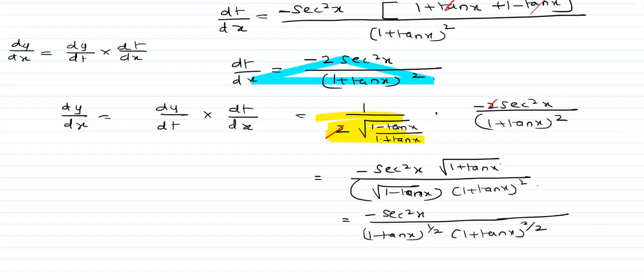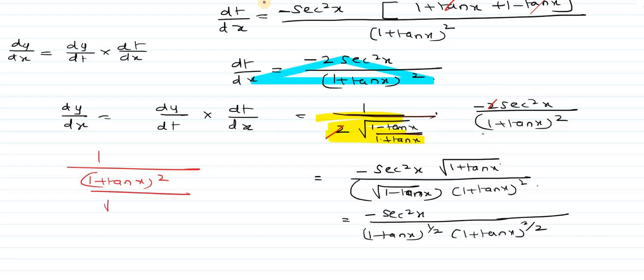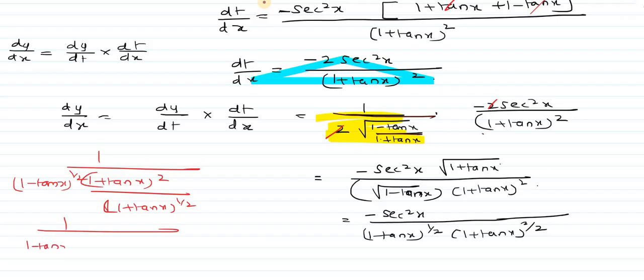So I substituted here. When I substitute both the things, what happens? This will go to the numerator, 1 plus tan x, because this is a common divisor. Even otherwise, what you can do is bring it to this side. I will do it in red ink. See here that part alone, 1 plus tan x the whole square. This root 2 you can bring here, 1 plus tan x to the power half. Correct? Here 1 minus tan x to the power half will be there. Here what it will be? 1 plus tan x, 2 minus half.